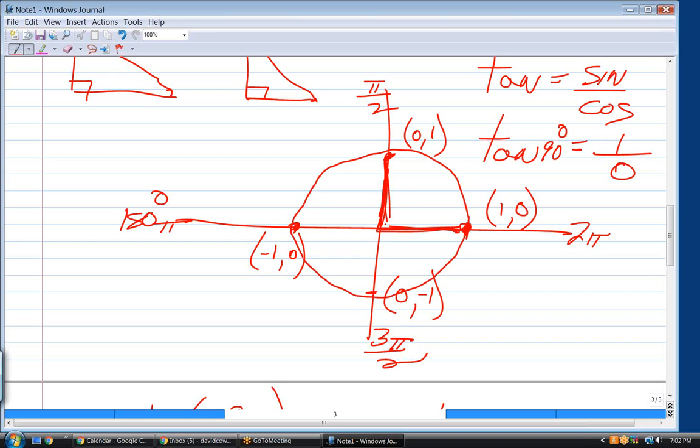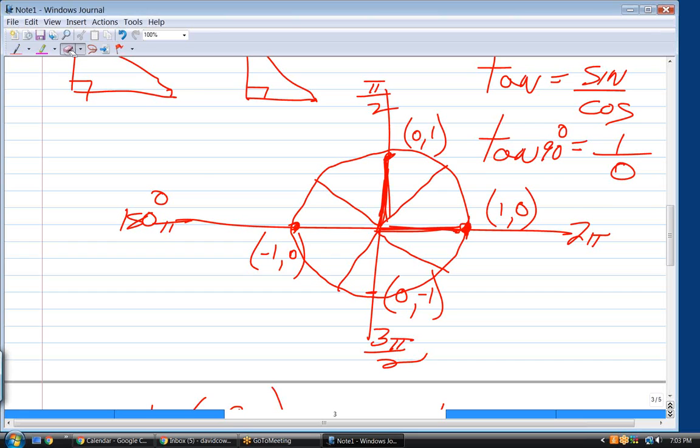No matter what angle we're dealing with, that hypotenuse is 1 because the radius of all circles is the same. So every angle is going to have a hypotenuse of 1, which means the x-coordinate is cosine of theta and the y-coordinate is sine of theta, and that's useful to have a model like that. It makes understanding of trig a little bit easier.